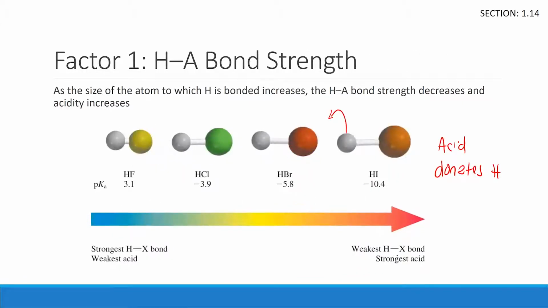So if we look at the electronegativity here, if you remember, fluorine is actually more electronegative than iodine. And yet iodine forms a stronger acid, and that's because of the size of the atom here.